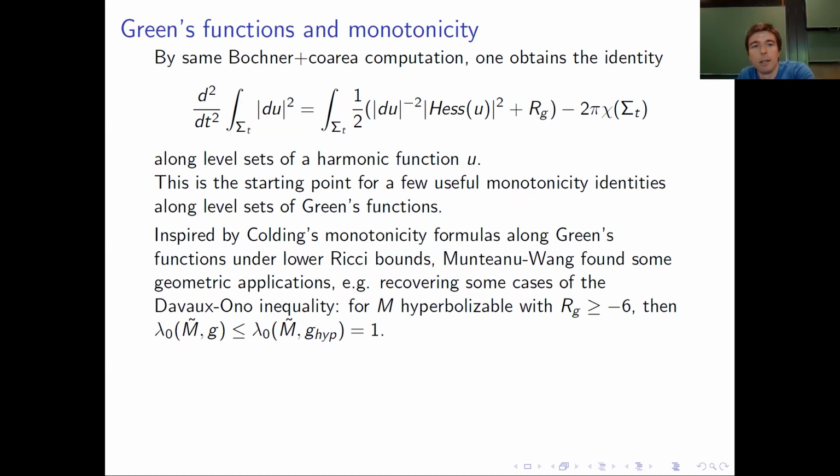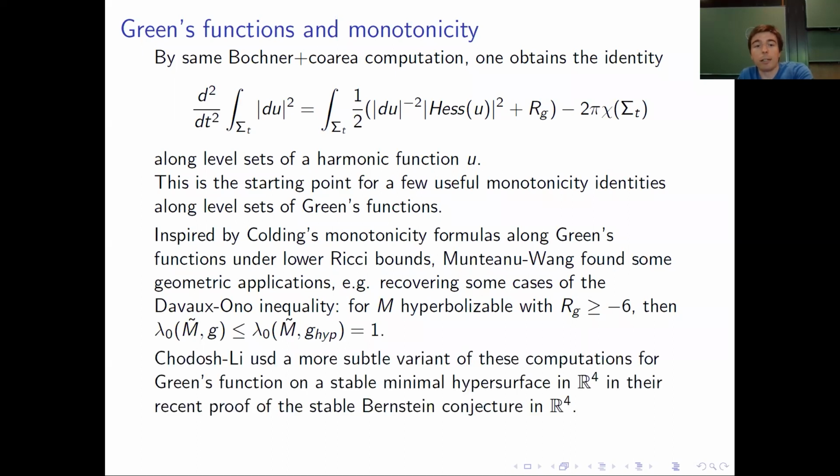Okay, and then probably my favorite application as a minimal surface guy is that Chodosh and Li were able to use, again, some monotonicity formulas along Green's functions, and with some additional subtleties, because now you don't have, in their setting, an a priori lower scalar curvature bound, to prove the stable Bernstein conjecture in R4.